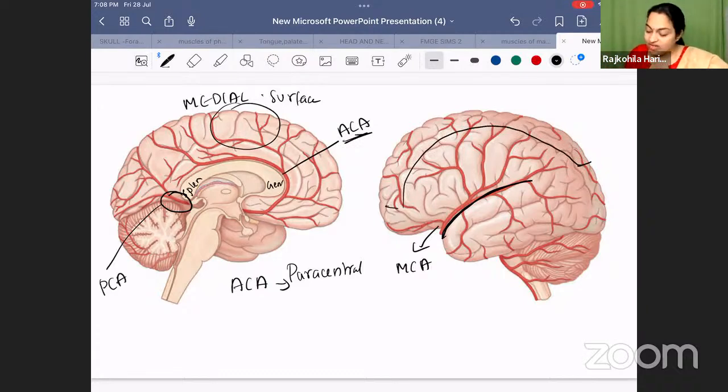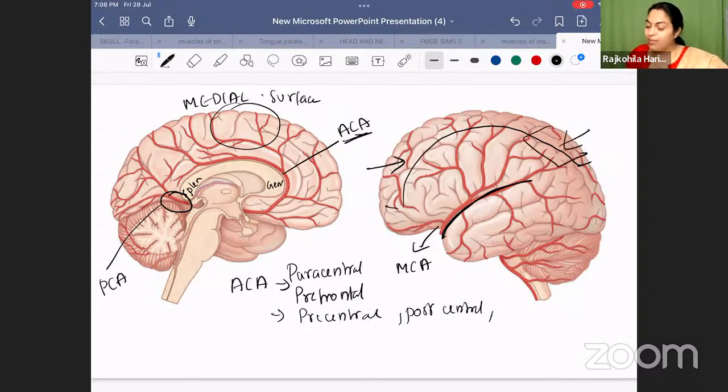So it will include the anterior most part of the frontal lobe, the prefrontal cortex, right? And then the upper part of your precentral gyrus, postcentral gyrus, and the upper part of the parietal lobe, the superior parietal lobule. All these are going to be supplied by the anterior cerebral artery.